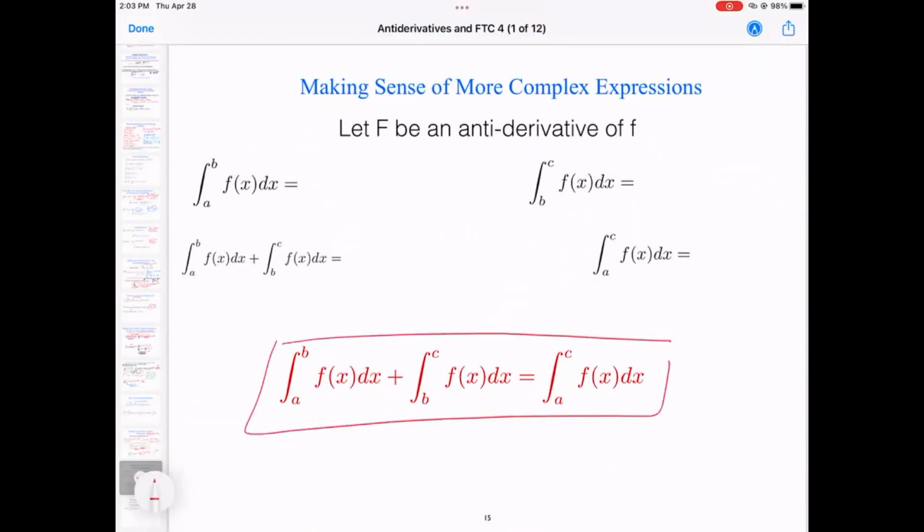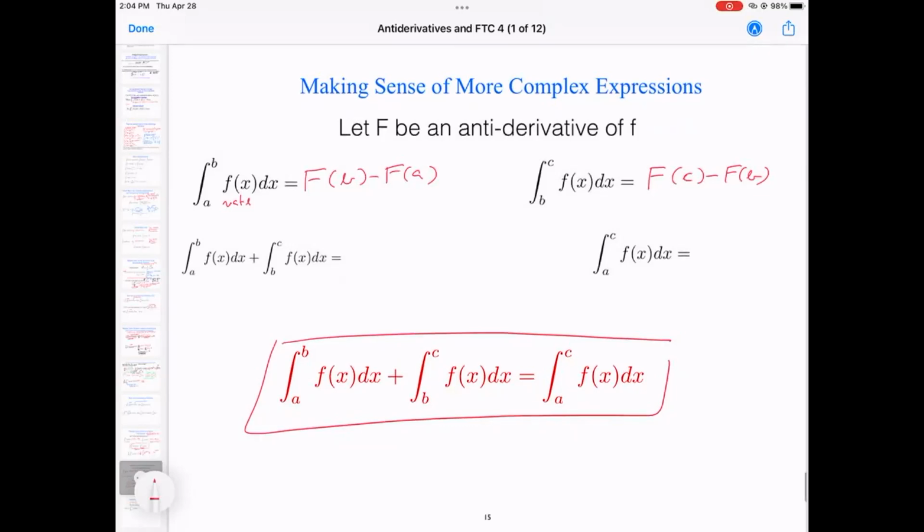Okay, that's another important formula. Once you know the fundamental theorem of calculus formally, then you could prove it easily. Capital F is an antiderivative of lowercase f, so this is my rate here. This is going to be capital F of B minus capital F of A. This one is capital F of C minus capital F of B. So if I break up the integral from A to B of f of x dx, and the integral from B to C of f of x dx, what do I get?